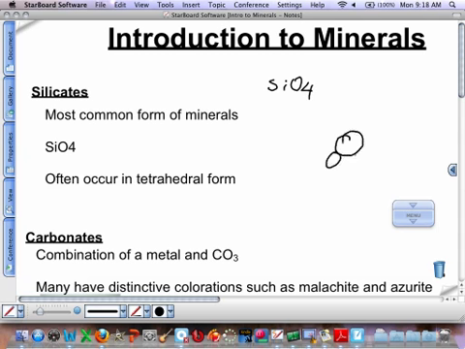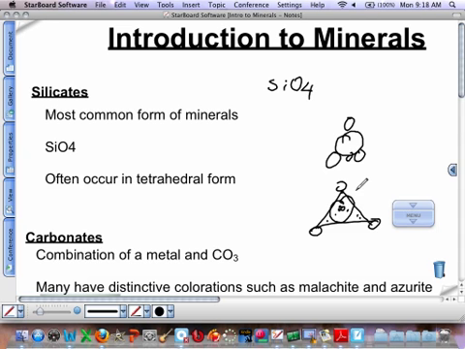And then you have, so you get this little pyramid shape. Where you have 1, 2, 3, 4 oxygens, and then inside that is one really big silica atom.